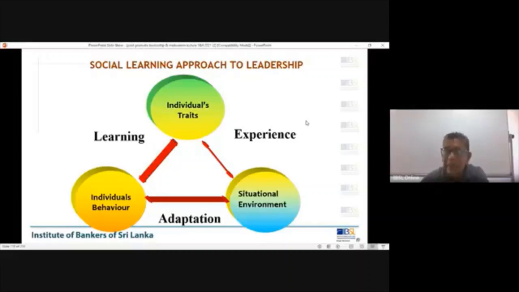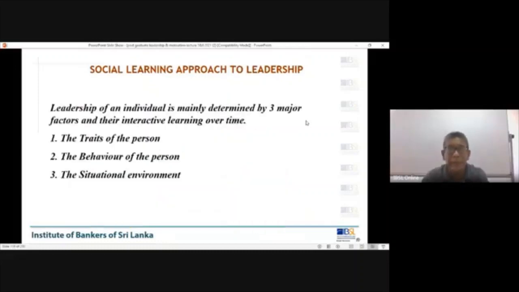Now, one of the disadvantages of the social learning approach to leadership is that they have taken these separate factors separately.